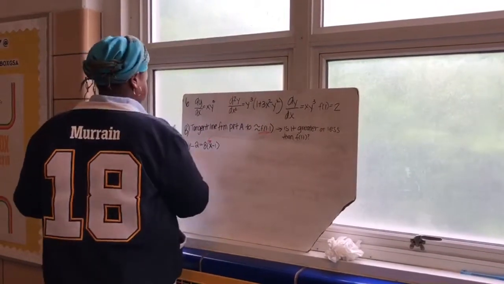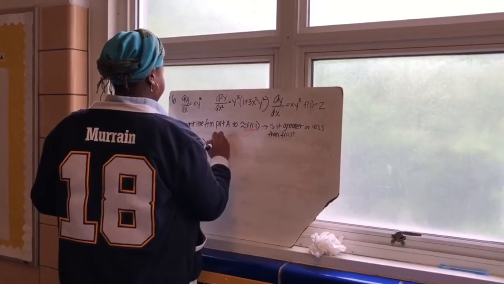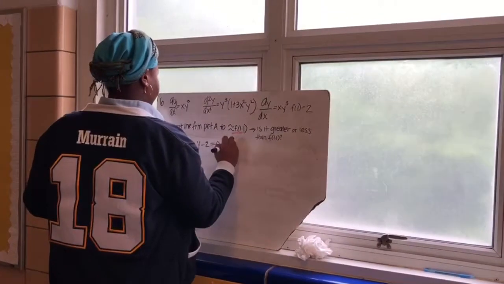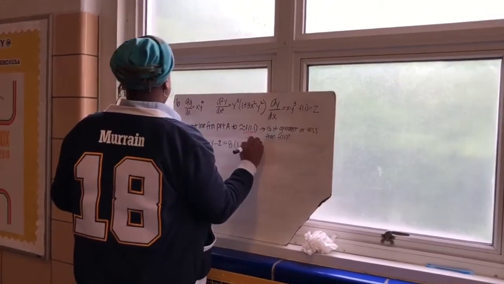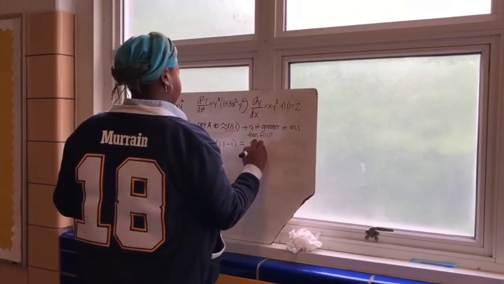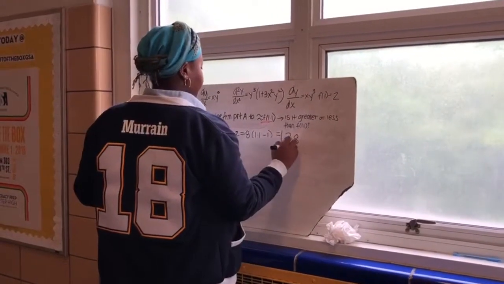In order to do this, you have to use the point slope formula from A, the equation we already found. So you plug in 1.1 for x. The new equation would be y minus 2 equals 8 parentheses 1.1 minus 1. You do the math and you get an answer of 2.8.